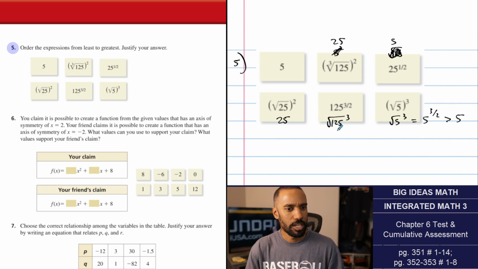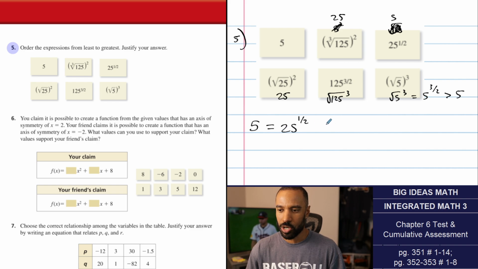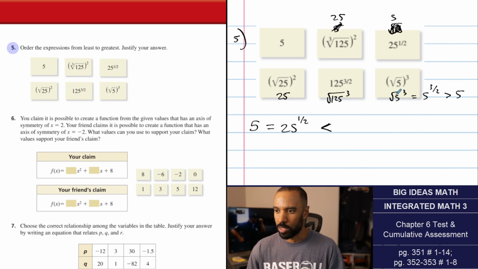When it says order the expressions from least to greatest, you have kind of options here. I can say 5 is on the same level as 25 to the 1/2, so these are both the smallest ones. These are each less than the square root of 5 cubed, because that's somewhere between 5 and 25. This is without a calculator, by the way.